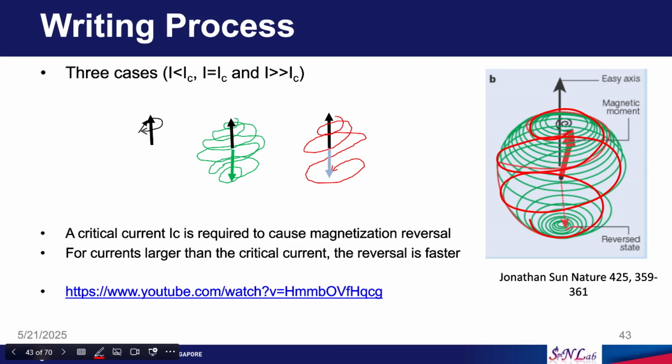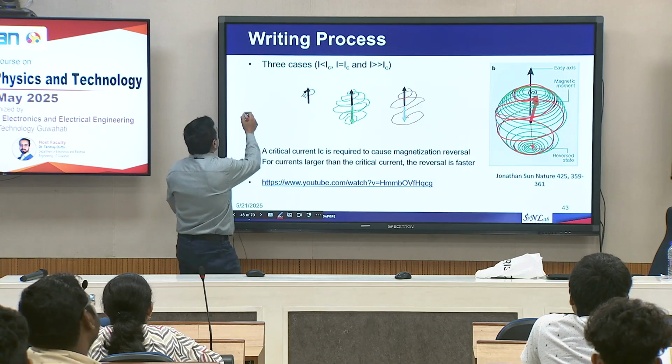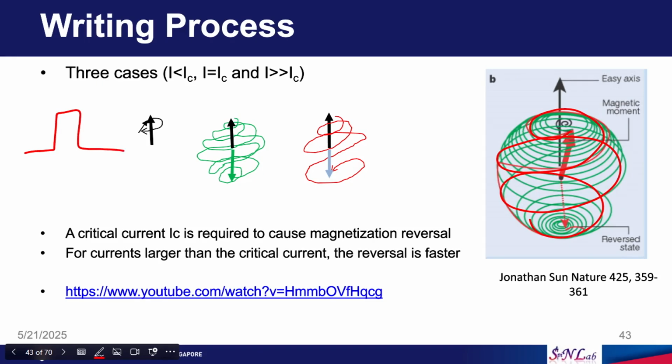If you apply a current pulse with a certain pulse width, and the current amplitude is lower than what is required, maybe your spin will persist for some time, then finally settle in the same direction. So, switching will not happen. Only when the amplitude meets the critical current can we achieve reversal.